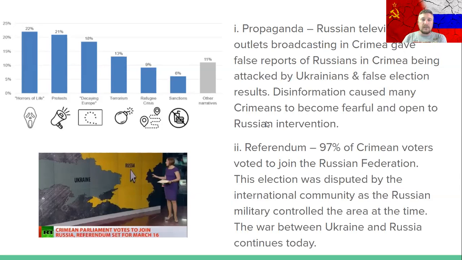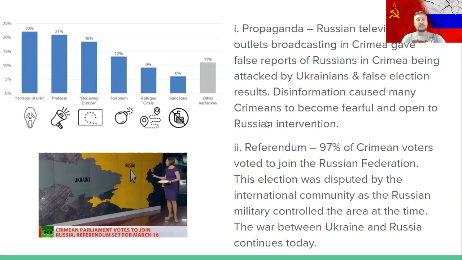And so they begin believing that they may be threatened by Ukraine. And you can see there in the upper left-hand corner, there were actually studies done that showed in the months preceding the invasion of Crimea what Russia Today actually talked about before this invasion took place. And you'll notice the horrors of life.